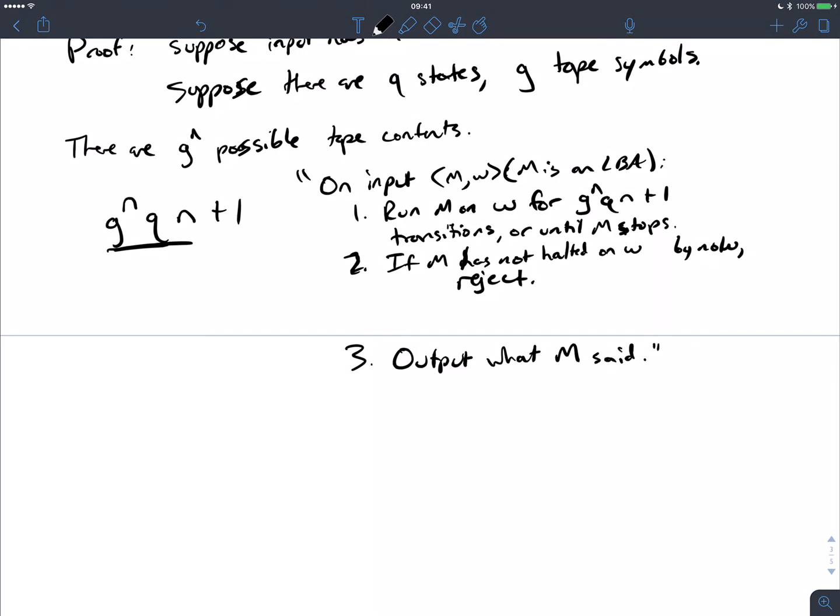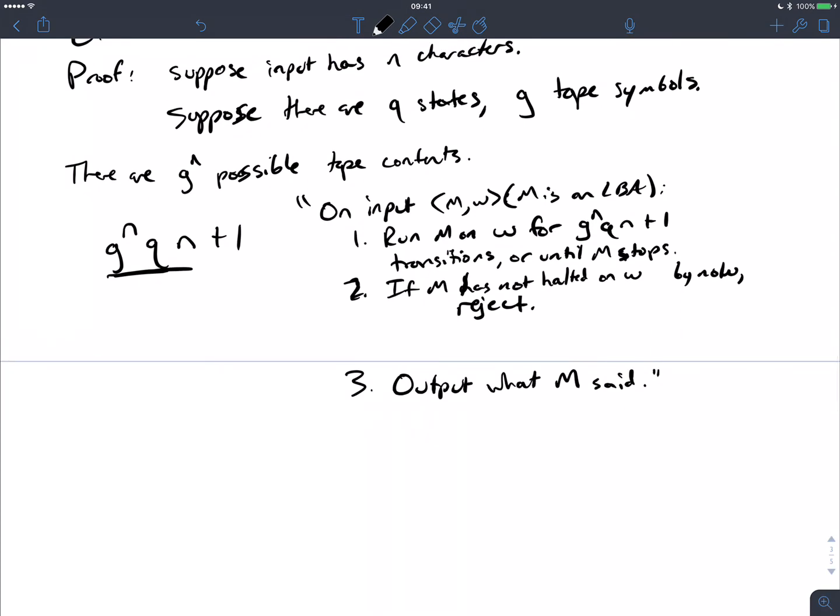Yeah? Could you repeat the significance of the Q and the n? Yeah, if we repeat the same contents of the tape, same state, and same tape head location, then since these machines are deterministic, I will go back and do that loop over and over again. But why G to the n, Q, n? Because if there are G symbols, then there can be G symbols in the first cell, G symbols in the second cell, and all the way through the n cells.